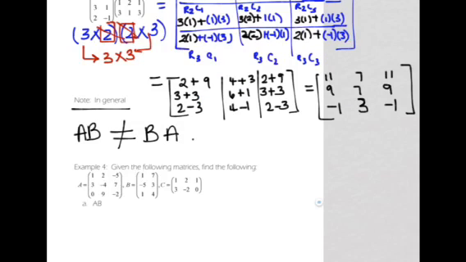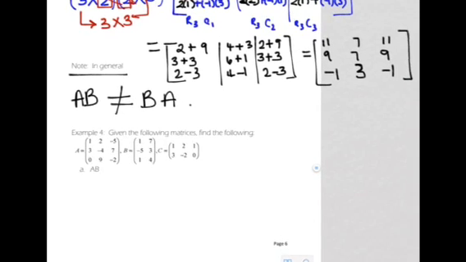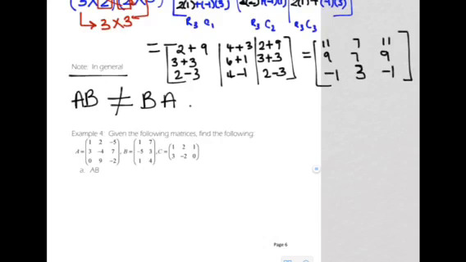So now we'll just try a few more examples. So here we're going to find A times B. So matrix A, well, before I do anything, let's find out the sizes.